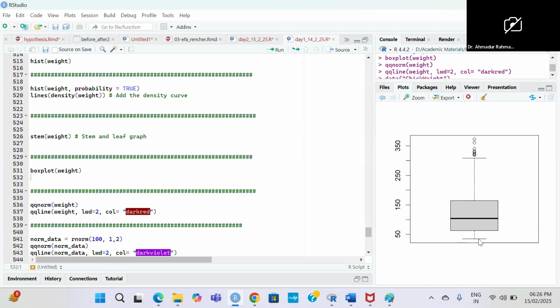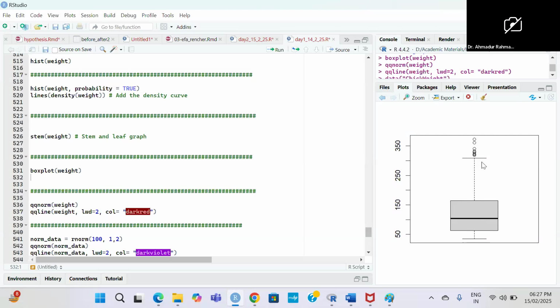Now see this one. Here, the lowest line is the minimum value. Then the box's lowest line is the first quartile. Then the darkest line inside the box is the median. And the upper line of the box is called the third quartile.